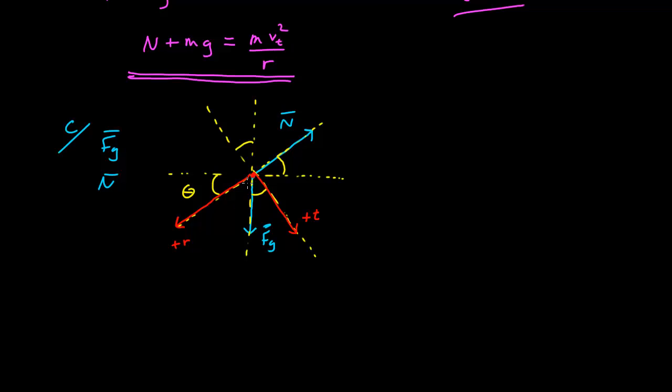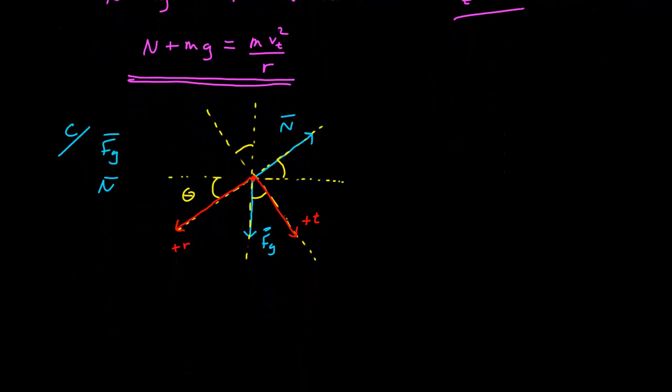Now that I have my radial and tangential axes, I can sum the forces along these components. All right, so first we can do the force due to gravity. Okay, so I need to find the components.